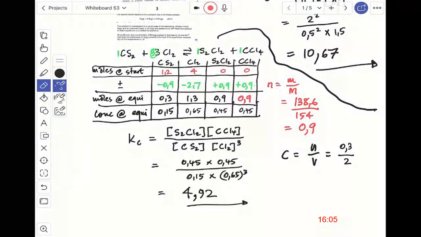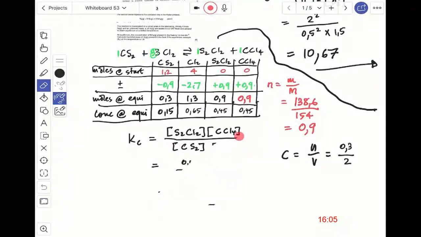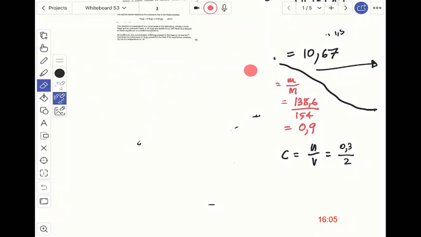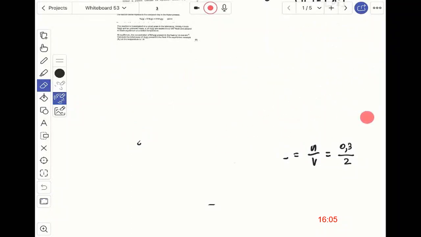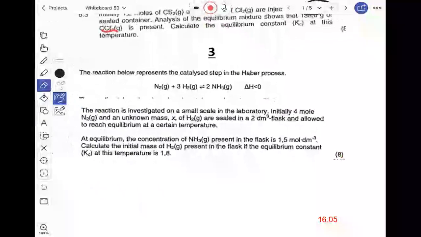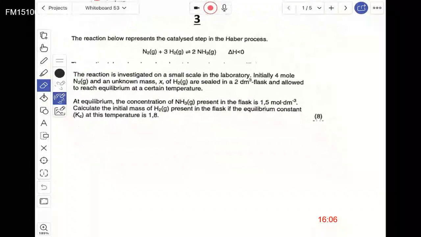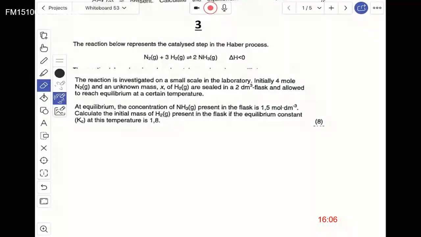I'm going to erase this one and do number 3 below here. The next problem is slightly different. We're going to go through it exactly in the same way and follow through using the same method.